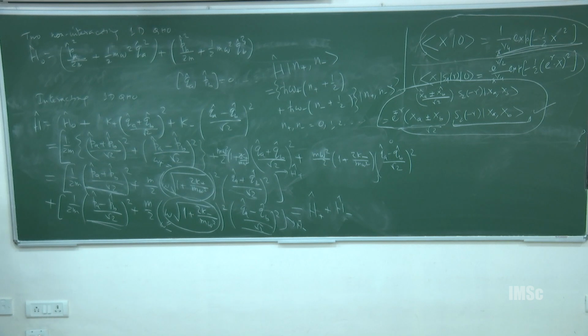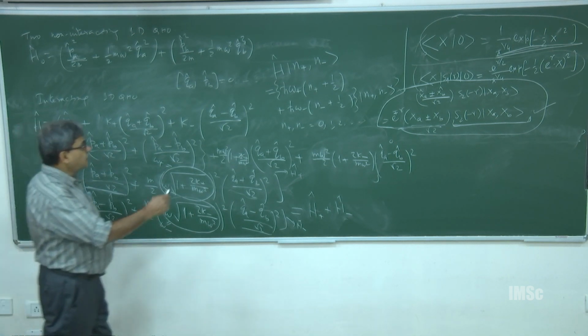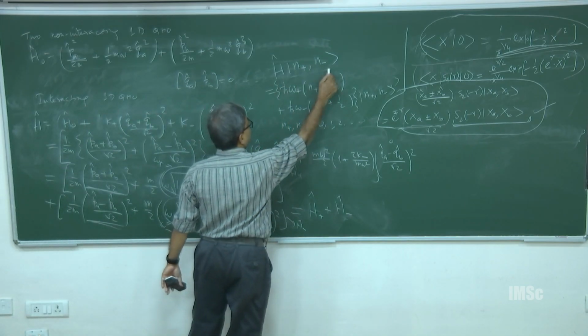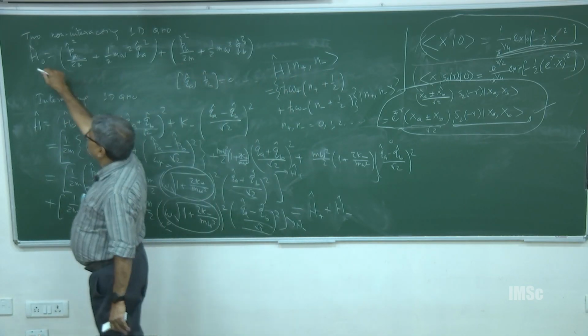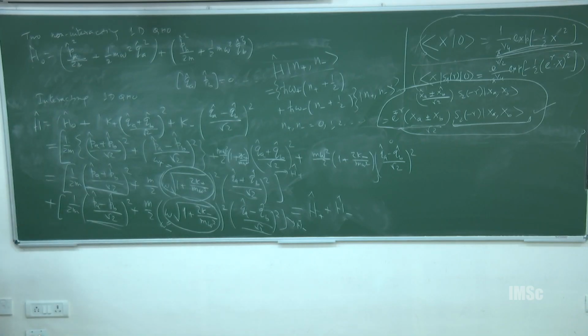Now the question is, how will I relate the ground state of this Hamiltonian with the ground state of the original non-interacting Hamiltonian?